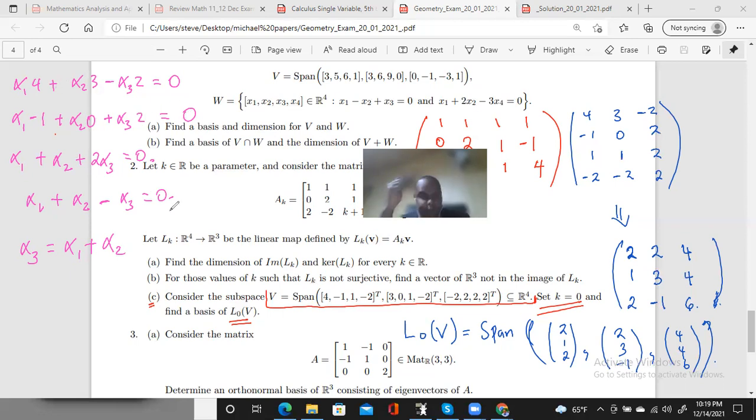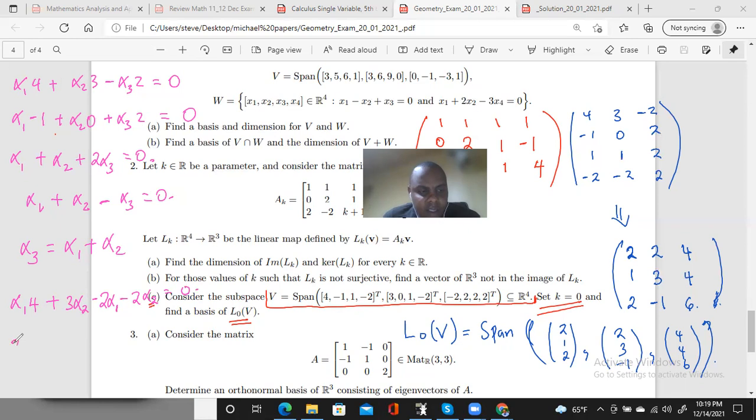For example, alpha 1 plus alpha 2 plus 3 alpha 2 minus 2 times alpha 1 plus alpha 2, minus 2 alpha 1, minus 2 alpha 2 equals 0.